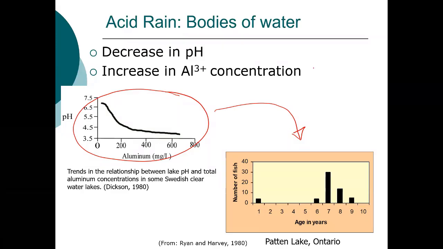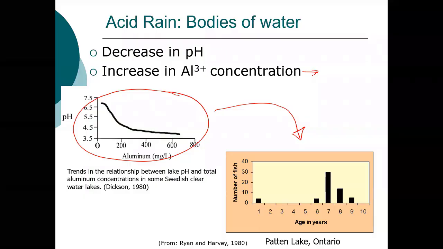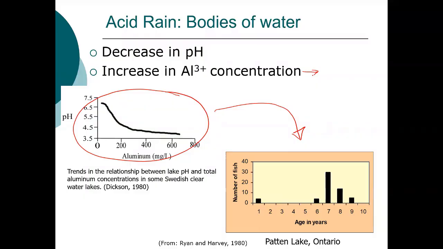One of the problems is that the aluminum concentration actually irritates the fish gills. They cause the production of a protective mucus. But the problem is that protective mucus then inhibits absorption of salts, the transfer of oxygen, and the fish suffocate.